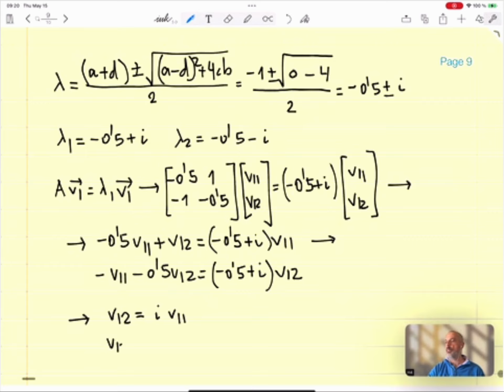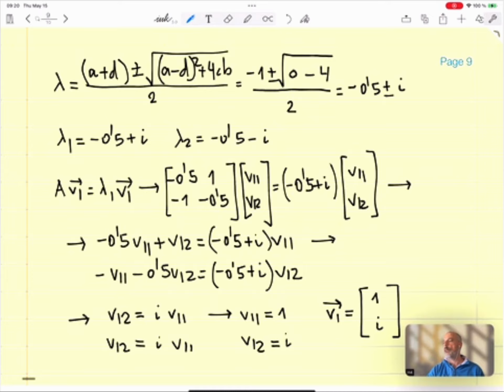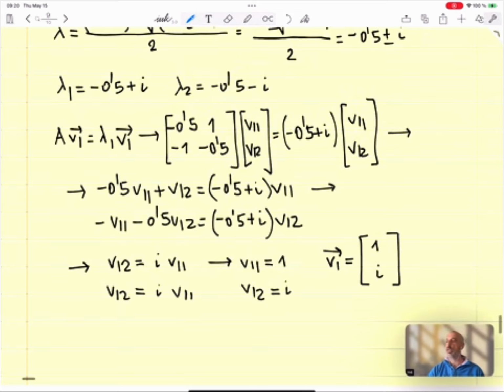But v12 is i v11, which means if v11 is 1, v12 is i. So our first eigenvector is 1 and i. Okay, we can solve the other eigenvector in a similar way, and the solution of the equation is going to be like this.